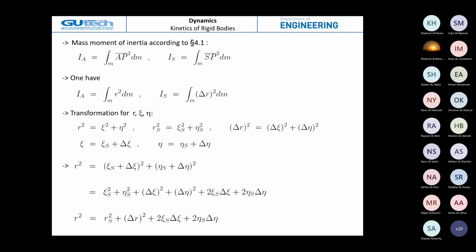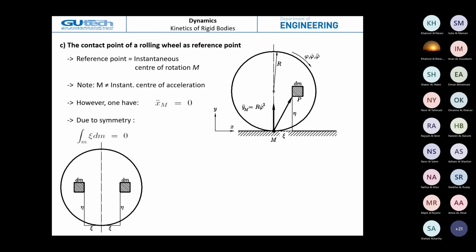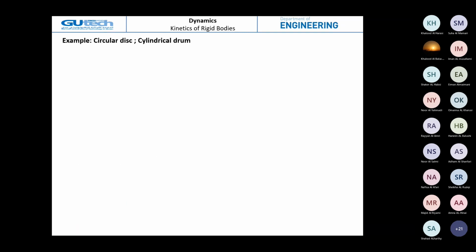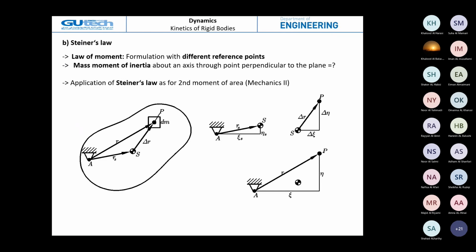for the Steiner, okay, what we have seen, we have to determine first at the center of mass or gravity center, and after this, either shift it to the point A, or another.